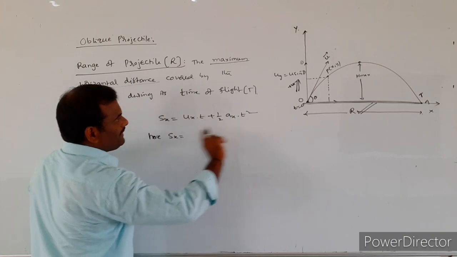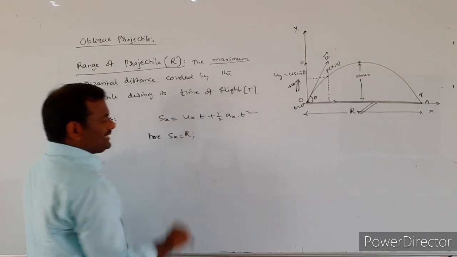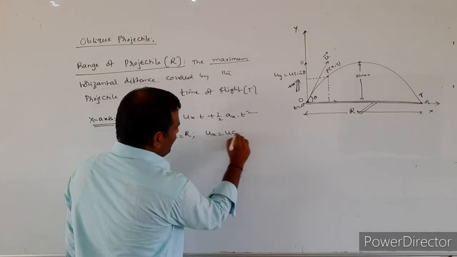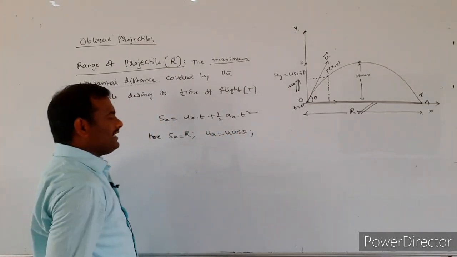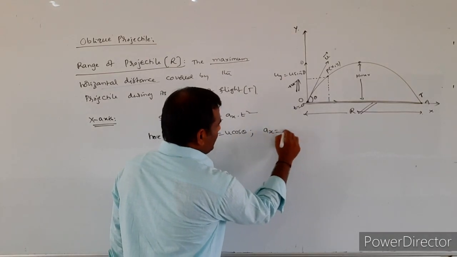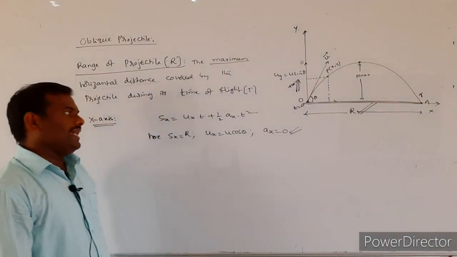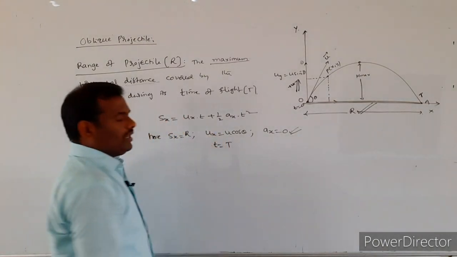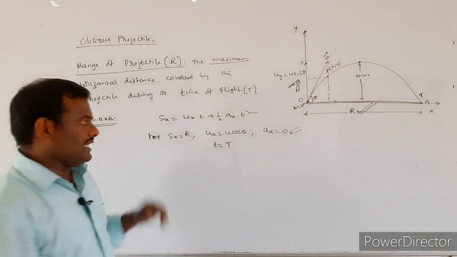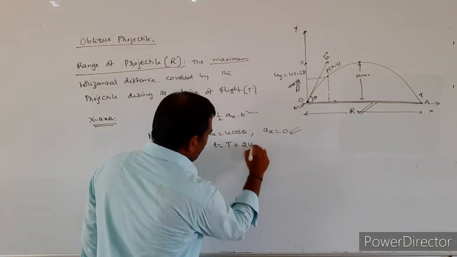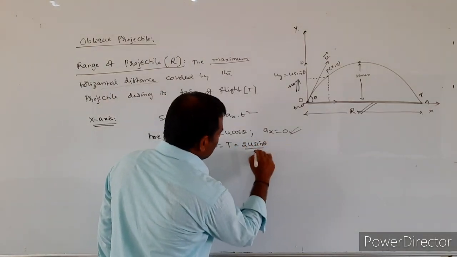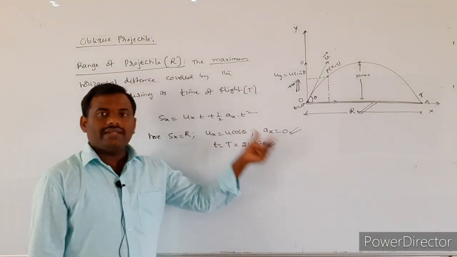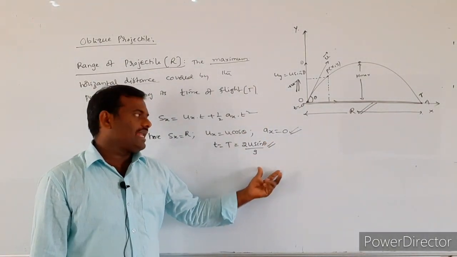Sx is the displacement along the x-axis, which is R. Ux is u cos theta, acceleration along the x-axis is 0, and small t is equal to capital T, the time of flight, which is 2u sin theta by g.